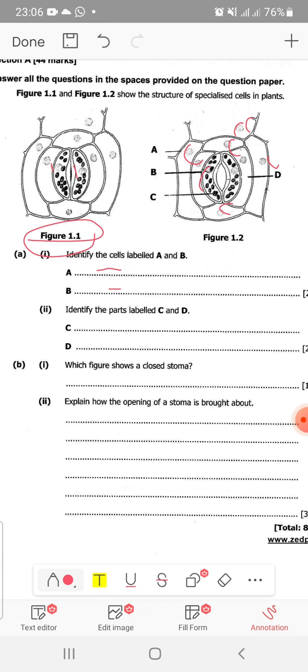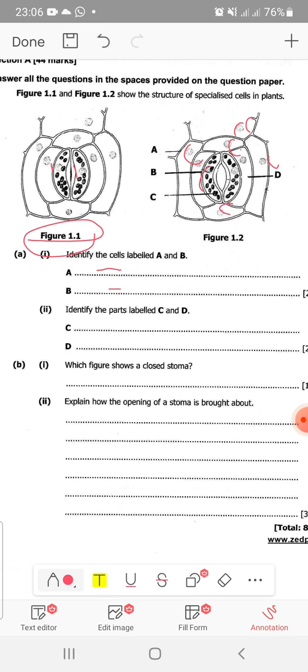Once they start losing water, they become flaccid and the stomata is closed. So the opening of the stomata is brought about by the excess gain of water, which leads the guard cells to swell, leaving the stomata open.